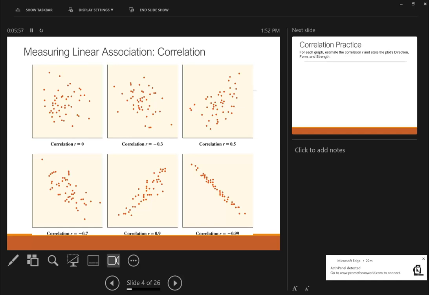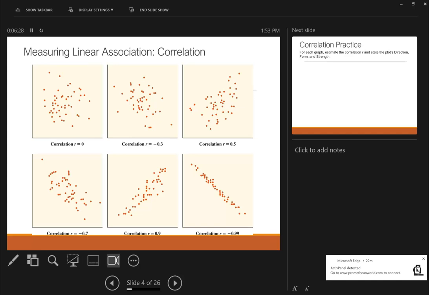So the first scatter plot has correlation approximately 0. It just looks like a random scattering, right? Look at the second scatter plot. Not a whole lot less random, but if you look carefully, you can see there's a slight downward trend in the data, but it's still pretty random.